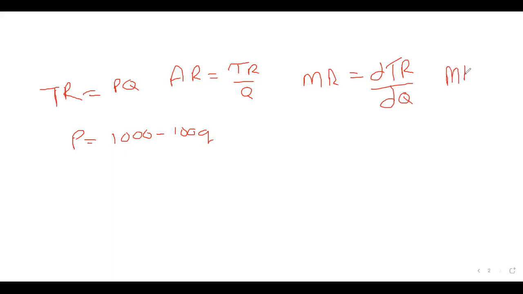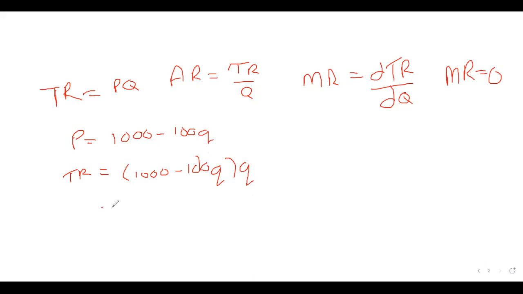So maximizing revenue occurs when the marginal revenue is equal to 0. Our total revenue here is simply found by multiplying price times quantity. We're already given our price here as 1000 minus 100Q. The Q is never given, you just impute it here.